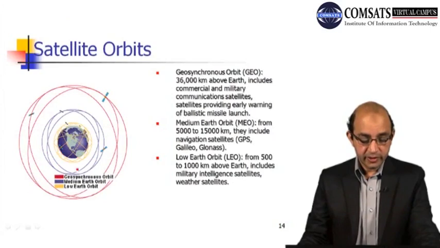You can see this is LEO, low Earth orbit, in yellow, and then in blue we have MEO, and in red we have the geosynchronous orbit, right?